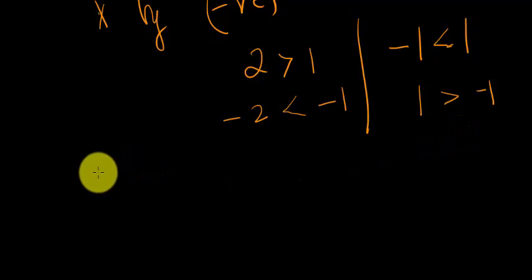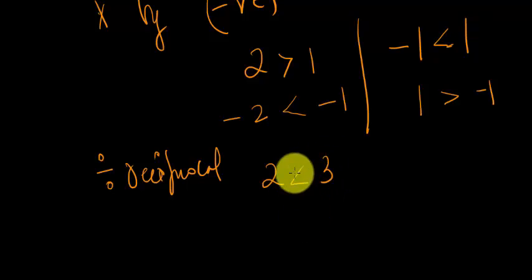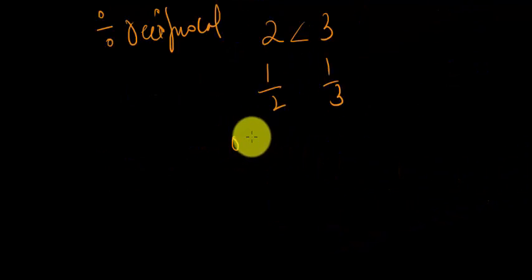Okay, and you also need to be careful when you're dividing, or taking the reciprocal, basically. Reciprocals. What happens? You see, 2 is greater than 3. Now when I take the reciprocal, I get 1/2, and this is 1/3. What is 1/2? It's 0.5, isn't it?